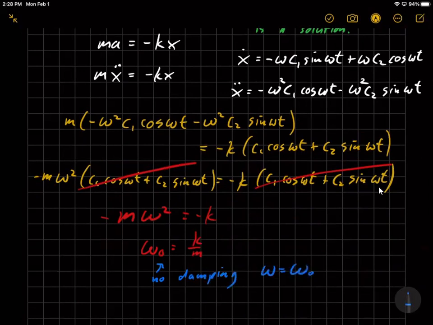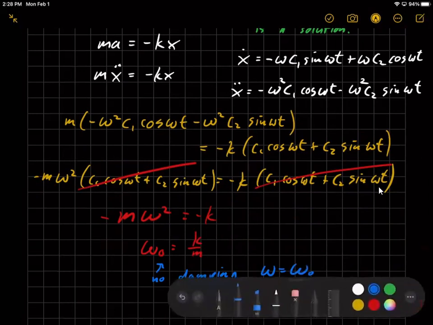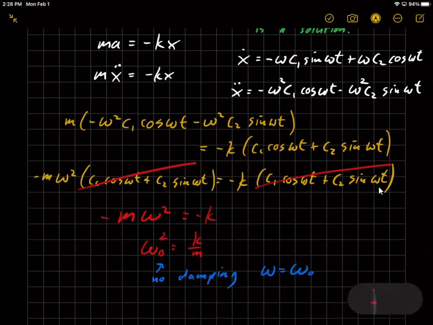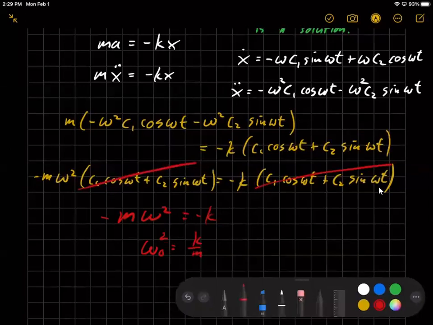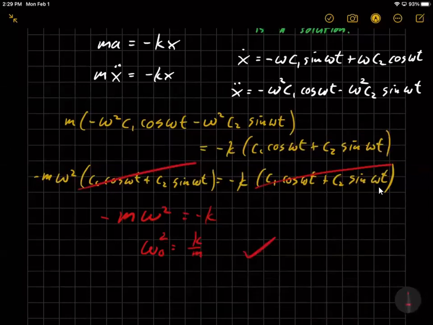So omega naught squared would need to equal k over m. We can see up on our little sheet for our practice test here that in fact was the first statement that we said is true. So as long as we define omega that way, we have now proven this.